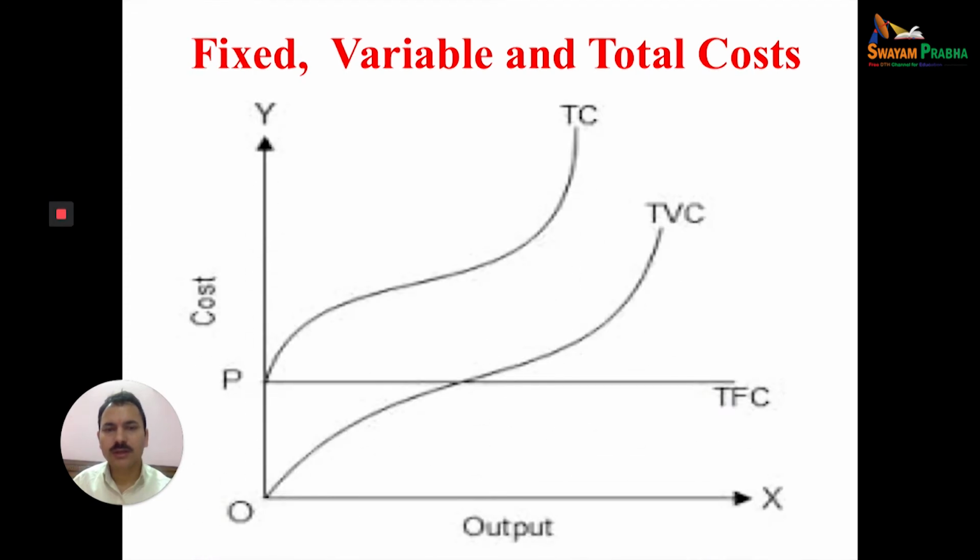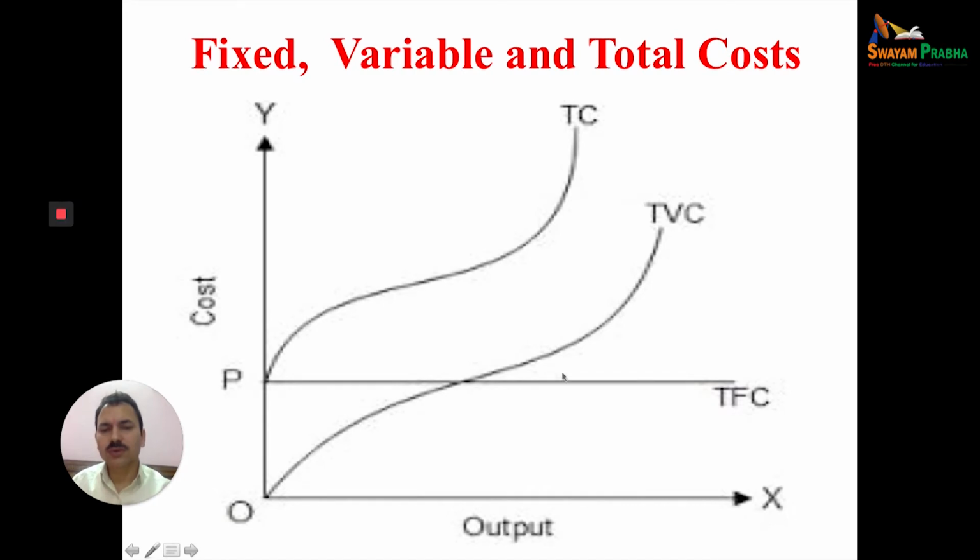Now we can explain with the help of this diagram. Here we have the x-axis, quantity or output, and on the y-axis we have the cost, and these costs are also known as the short-term cost. Here TFC, total fixed cost, remains fixed, say at 10 rupees, as we discussed in the previous slide.